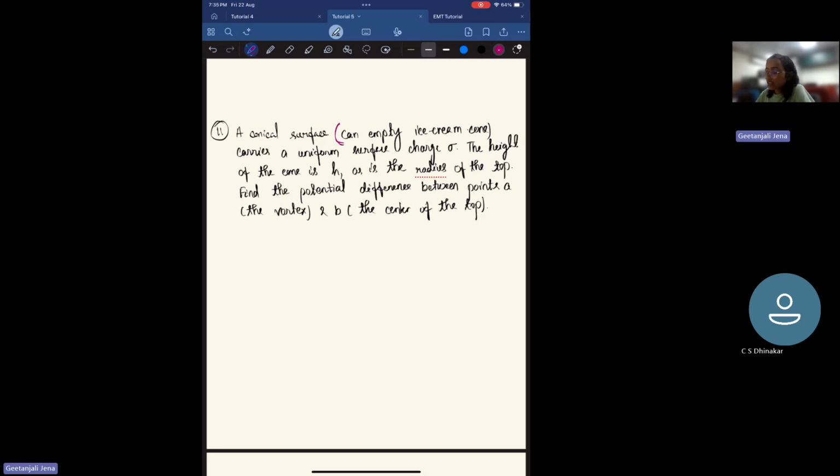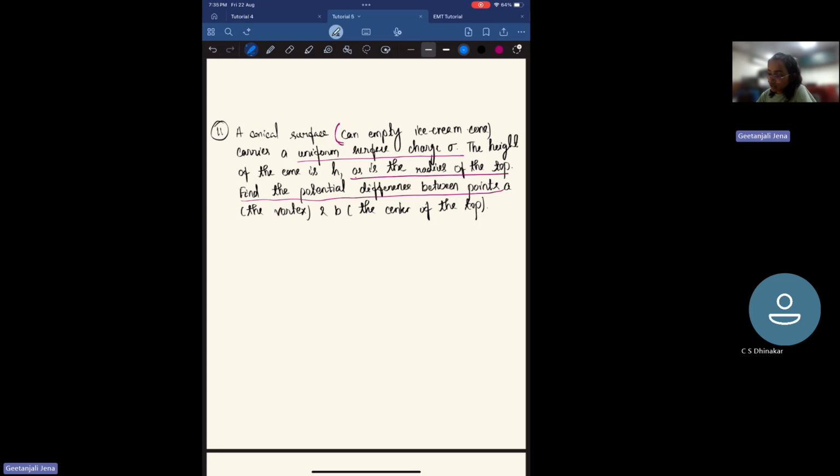You can imagine it as an empty ice cream cone. And this conical surface carries a uniform surface charge density sigma, and the height of the cone is h, and h is the radius of the top. So the radius of the top and the height of the cone is h. And for this cone, you need to find out the potential difference between the points A, which is the vertex, and the point B, which is the center of the top.